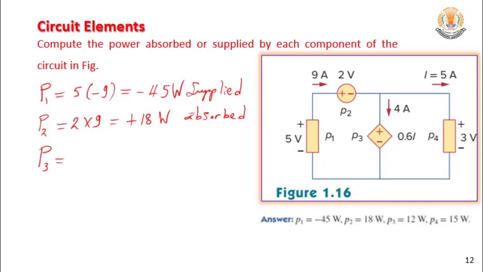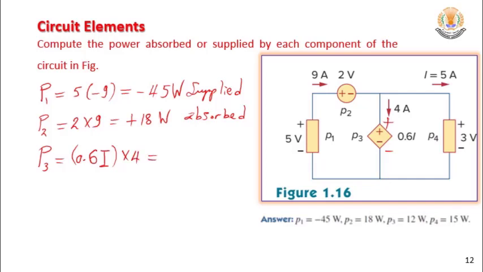Do you agree? So here's the voltage polarity, I will copy plus, minus. The current here, 4 amps enters. So you will have here 0.6 I. This is a voltage times the current. And we agreed the power here is positive.